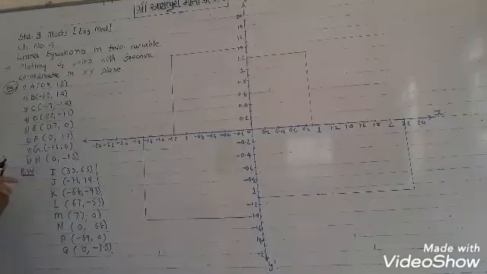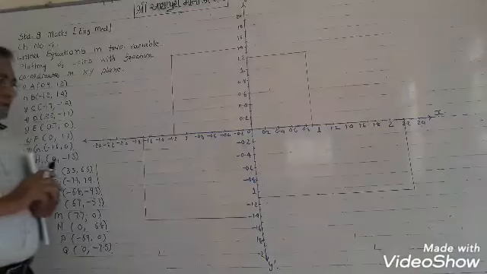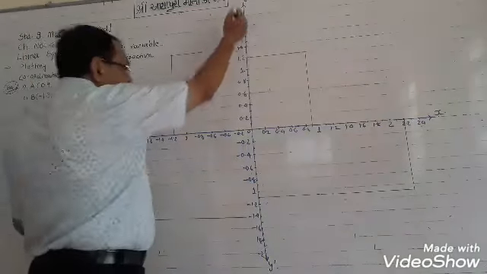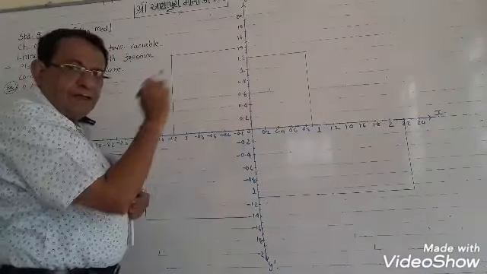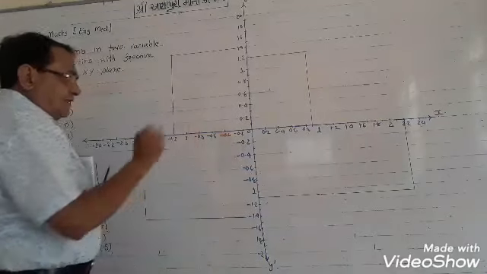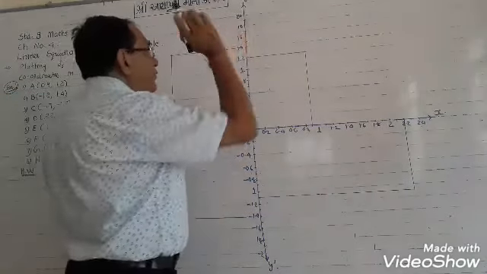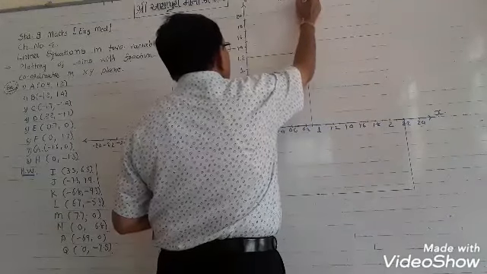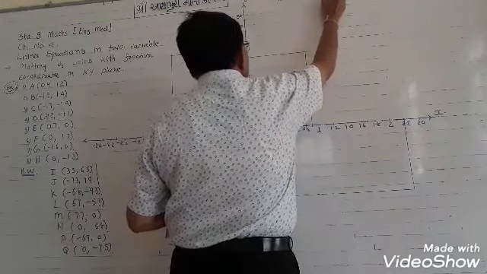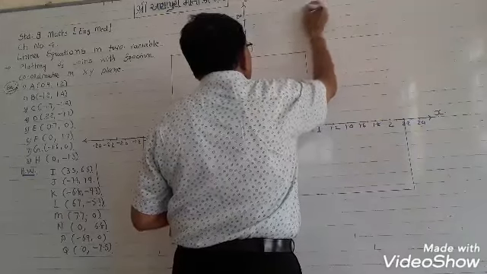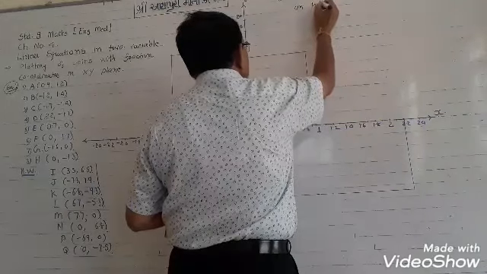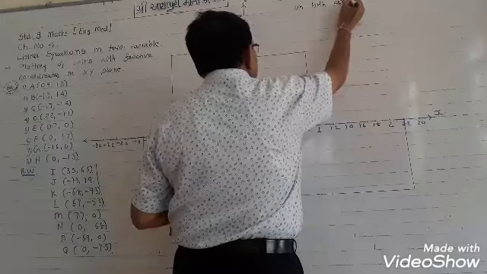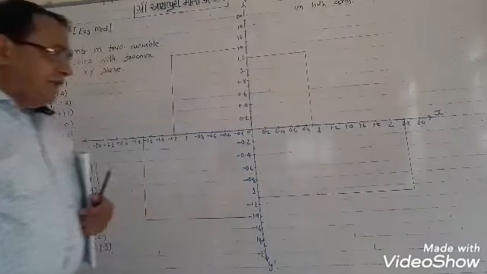To plot 0.9 and 1, as usual draw the Cartesian plane, x-axis, y-axis, scale 1 centimeter equal to 1 unit on both the axes.